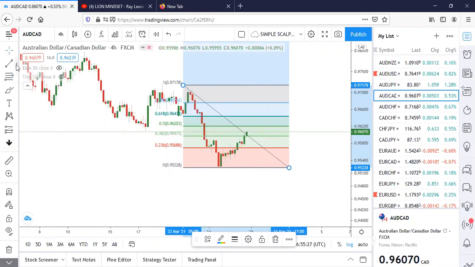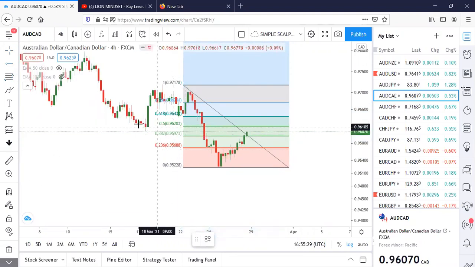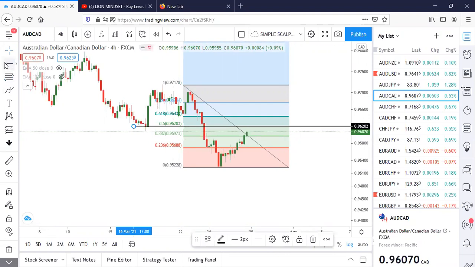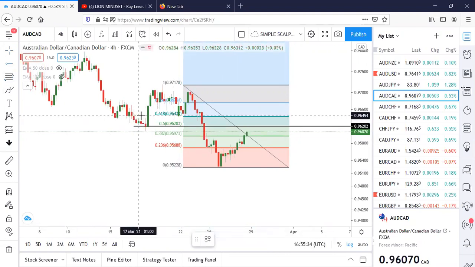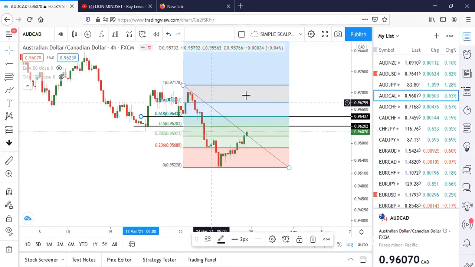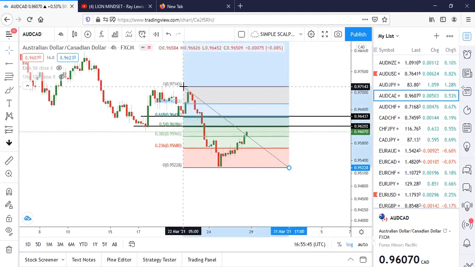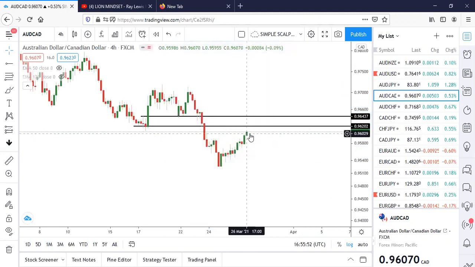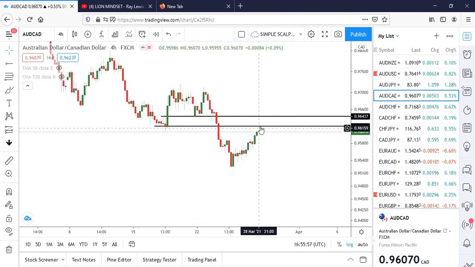Once price comes into this area, which is the 50% level, or rather 61.8, I beg your pardon, guys, between the 50% level and 61.8, you want to start looking out for your candlestick pattern. If price is going to respect the 50% level, then immediately price touches this area, you will see your candlestick pattern.